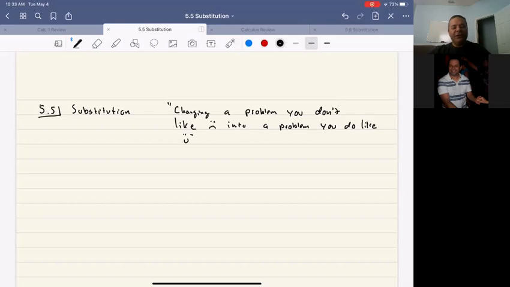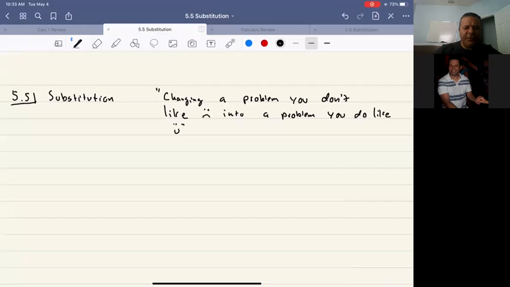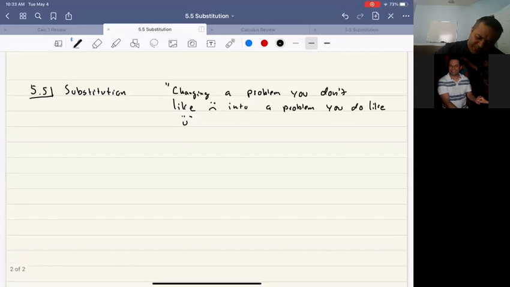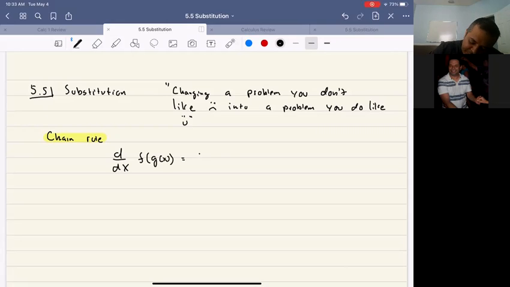All right. So let's first get just a little bit of theory, and it comes from the chain rule. If we recall our chain rule, we have the derivative of f of g of x equals f prime of g of x times g prime of x.